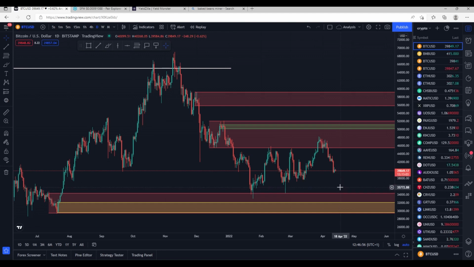Price would have to turn and neutralize this entire move, get back above this high, eat into this liquidity, absorb all of this, and then create that new range between 46,000 and 52,000 for me to even consider doing anything with Binance again, right?